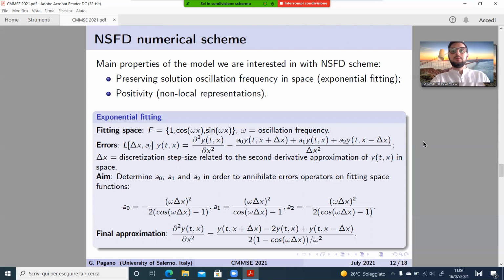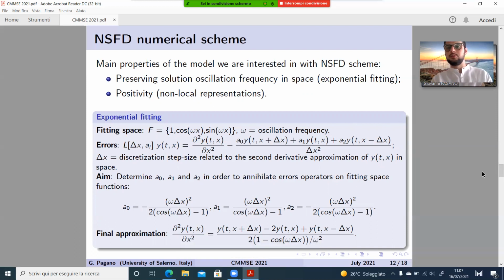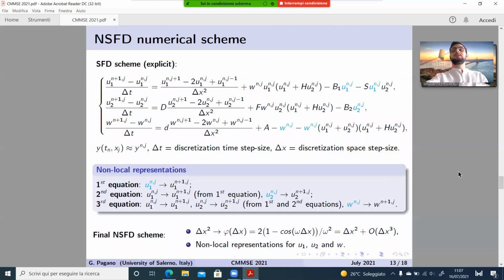And by doing so, we can see that the classical step size we obtain by approximating a second derivative in space will be replaced by this function phi of h. So the exponential fitting in order to preserve the oscillation of our model, and these non-local representations in order to preserve the positivity of our model.